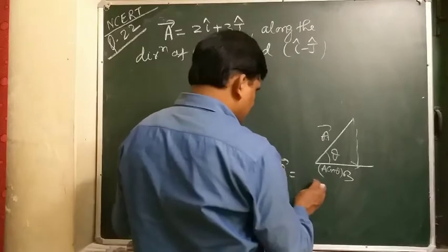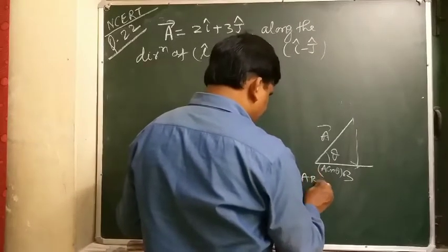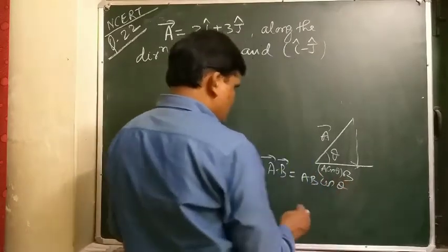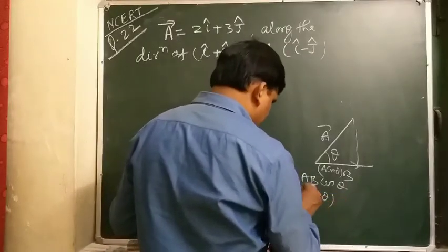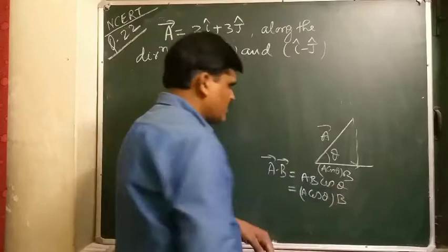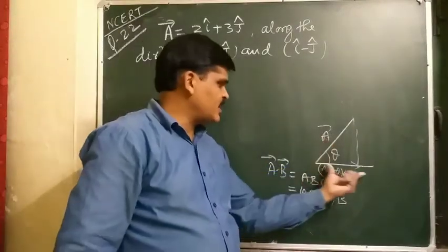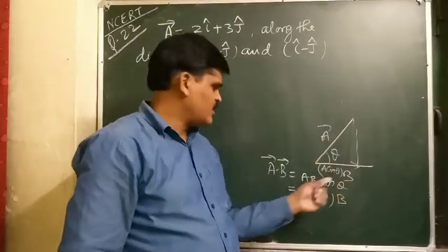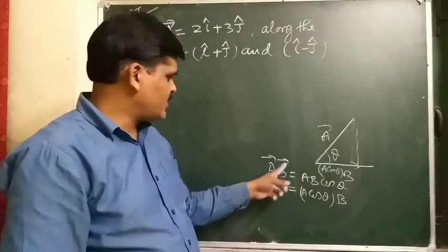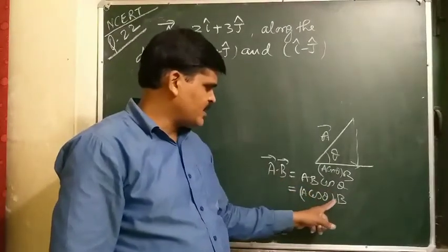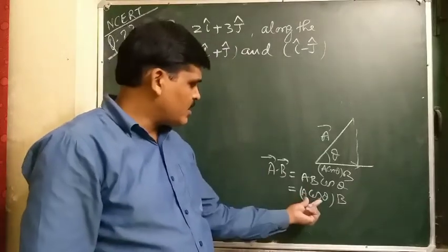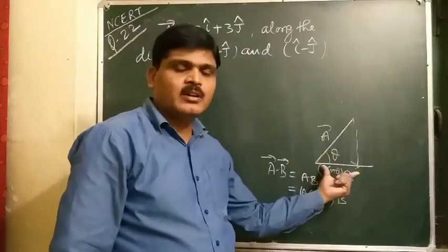So the formula of vector a dot vector b is ab cos theta, and a cos theta is the component of a in the direction of b.